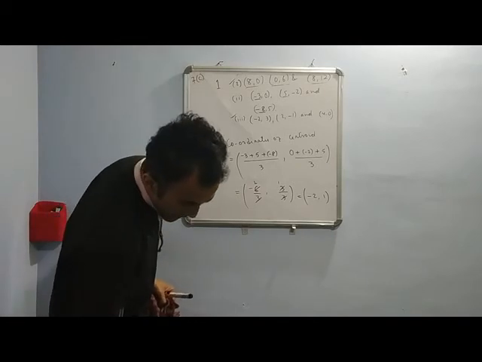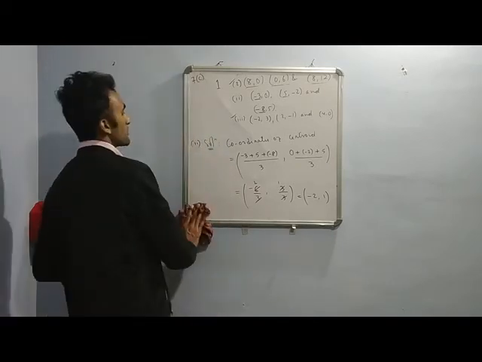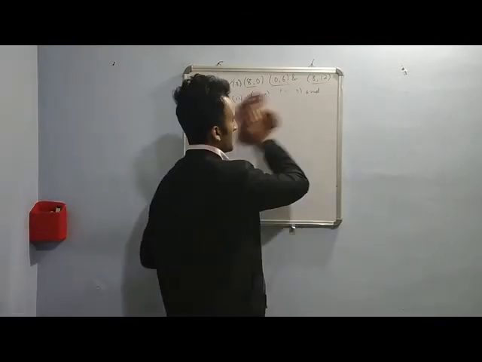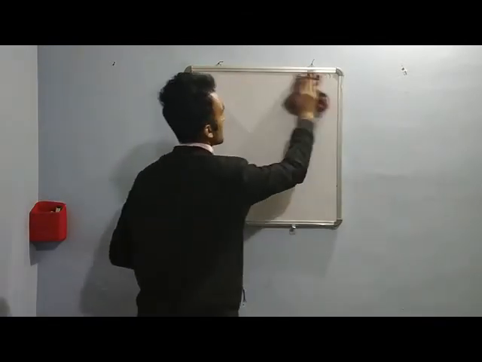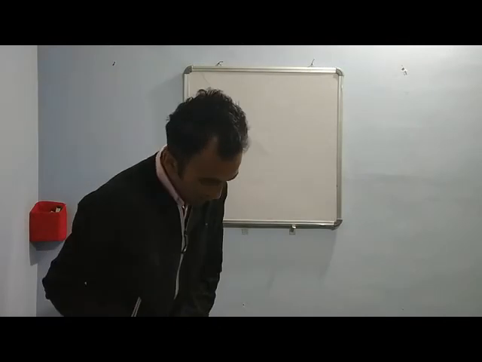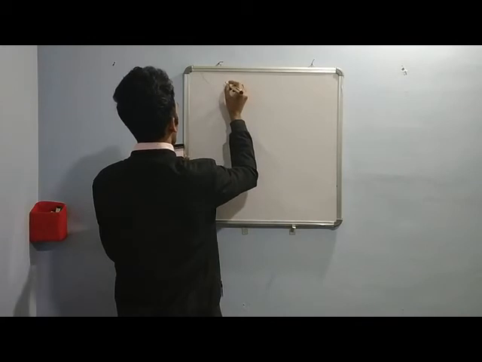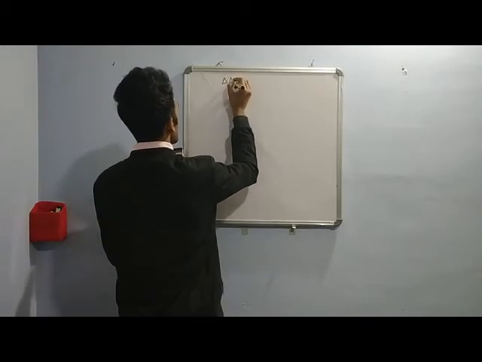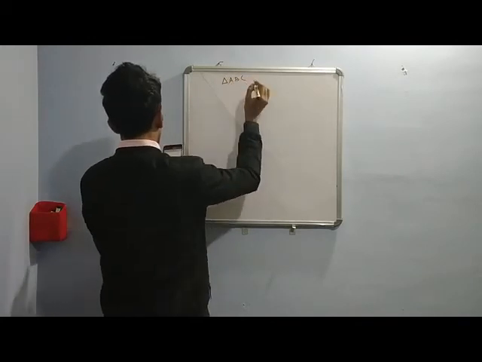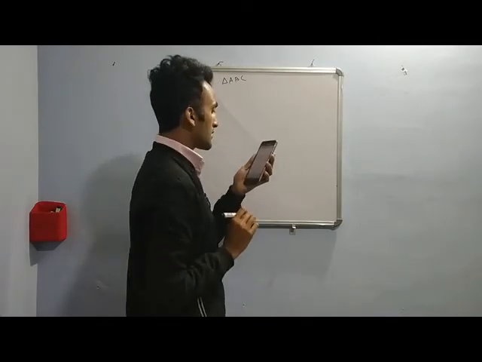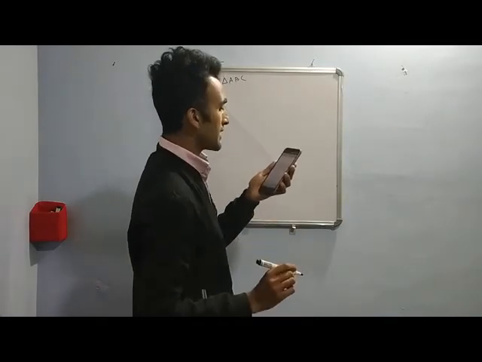Okay, I'm going to start with the next problem, question number 2. You can pause the video and note it down. Question number 2: find the third vertex of the triangle ABC.